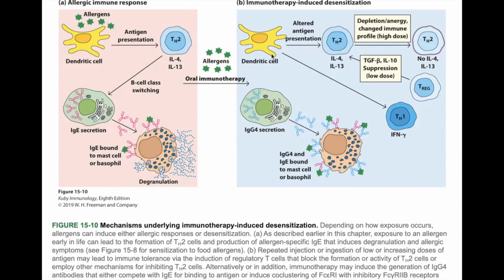So instead of presenting to the T cells and saying activate, and then leading to the production of IgEs, what we're seeing here is the dendritic cell is going to present to the T cell. That's going to cause the B cell to switch and cause IgE secretion that can then interact with the mast cell. With desensitization strategies, what happens is the dendritic cell is presenting in a way that says, don't respond.